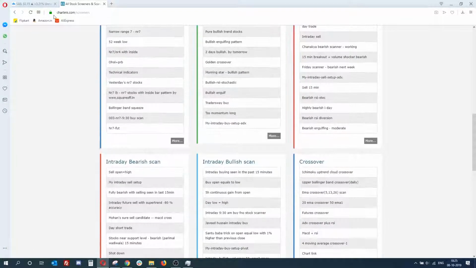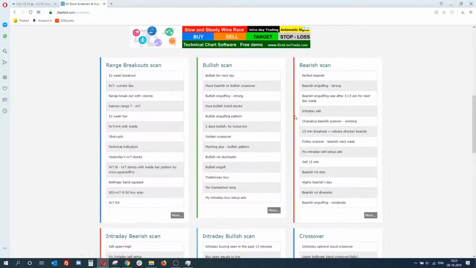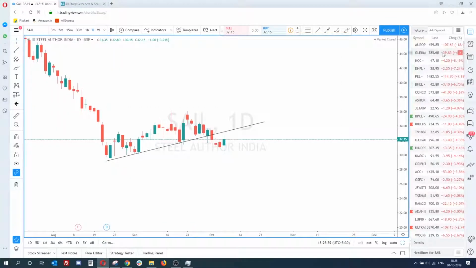Once in a while you will be able to select stocks in a good way, I'm not saying it's entirely wrong, but most of the time it doesn't work. That is why we stick with the primary way, through price action, going through all the stocks and selecting our stock.